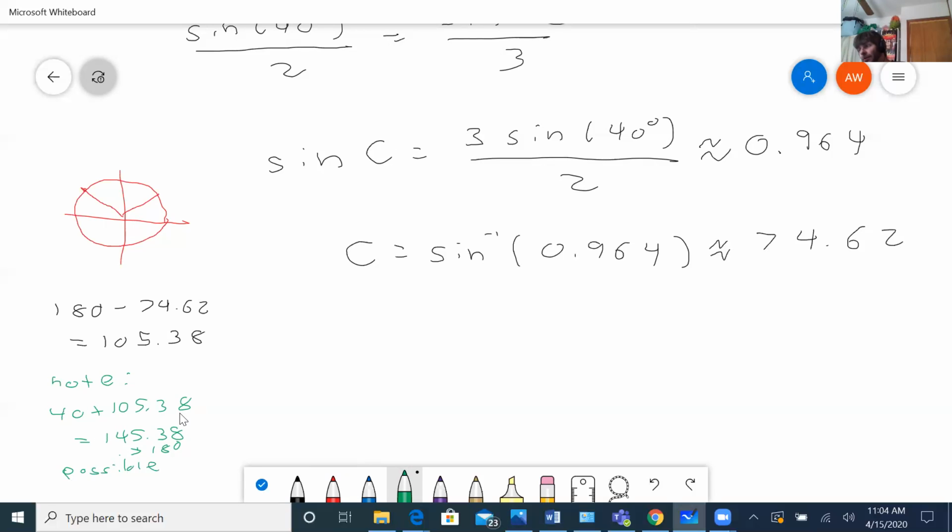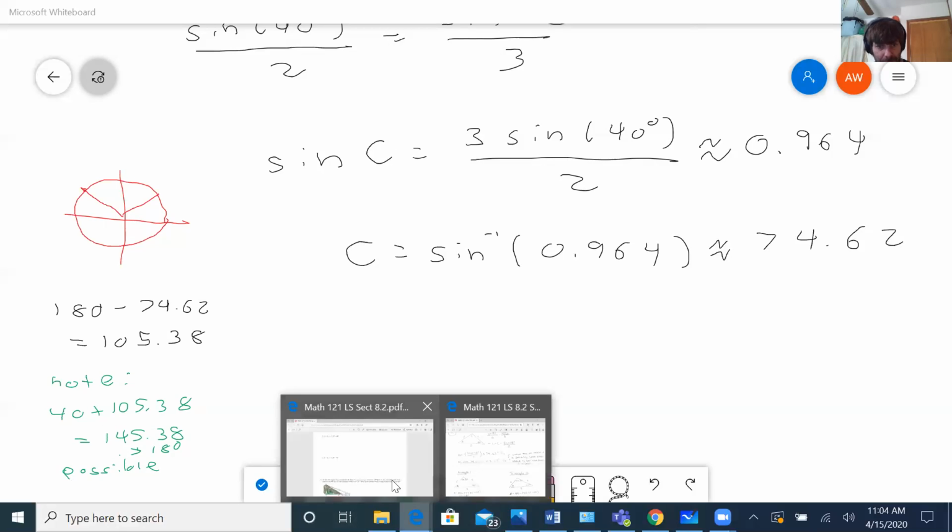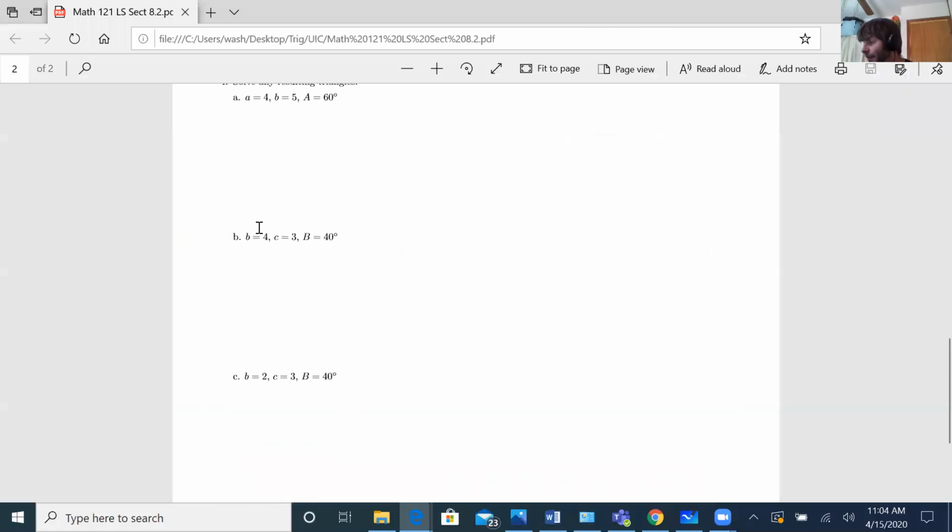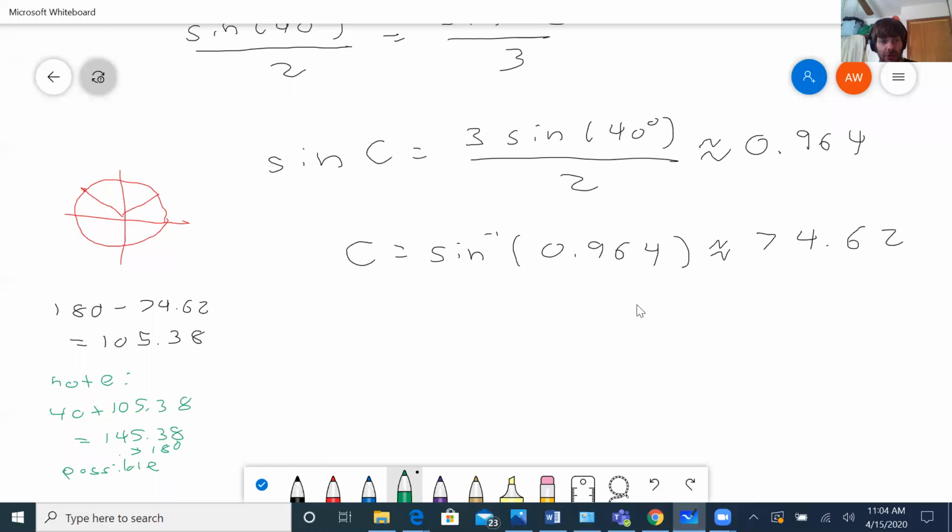And the second one here, that one I did earlier, it ended up not being possible to have that third angle that I did. So I knew it was only going to be one. But now this other angle is in fact possible. So I know I'm going to have two triangles. So I'm going to say 74.62 or the 105.38.